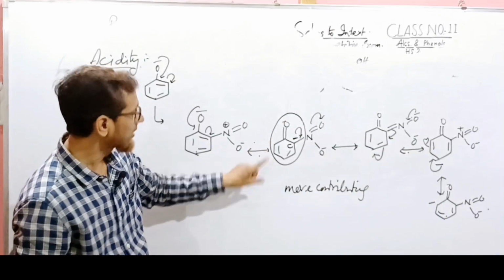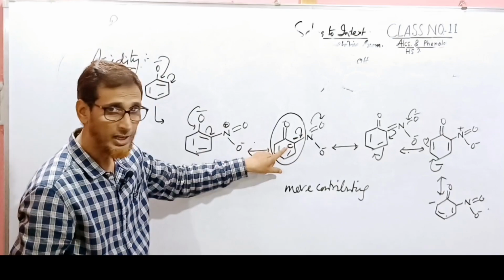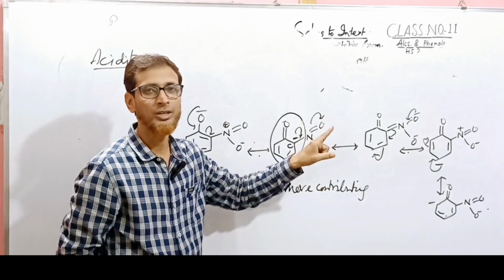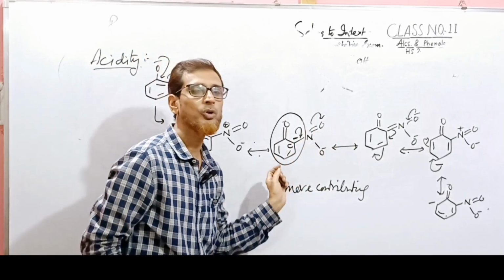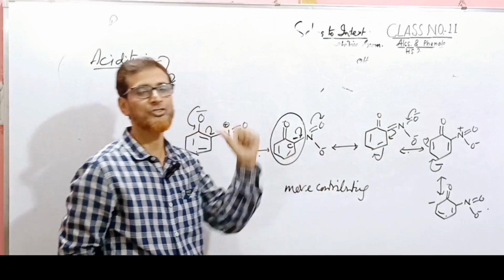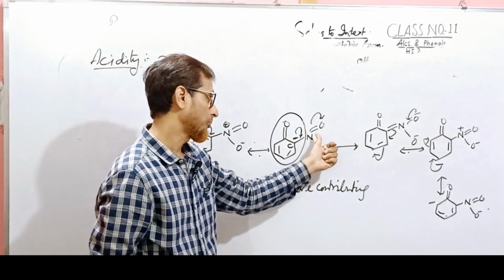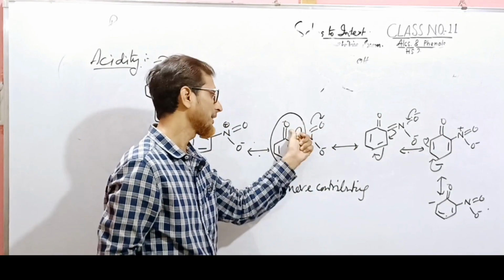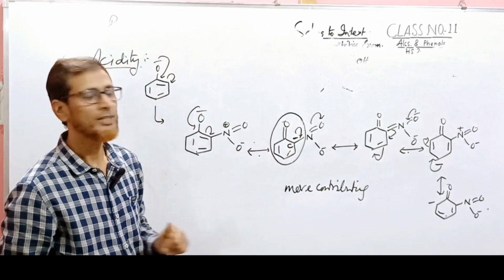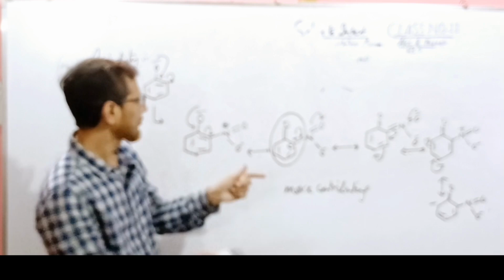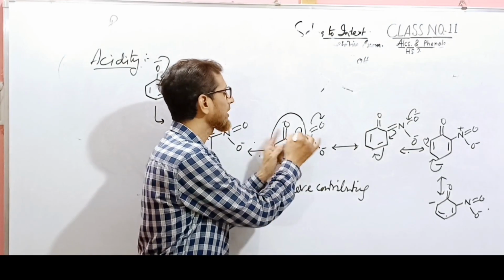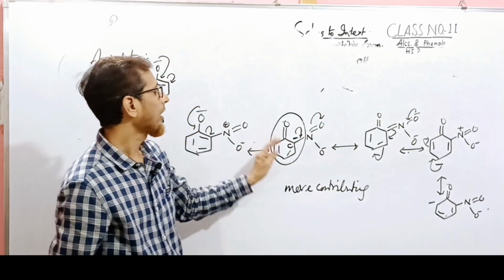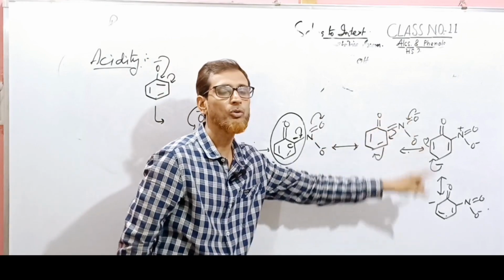So due to the presence of negative charge on the carbon along which the withdrawing group NO2 is attached, because its main aim is to pull out electron from this and destabilize the benzene ring, but due to that electron withdrawing group attached to the carbon, and on this carbon negative charge is delocalized, due to accumulation of negative charge on carbon, that charge is involved in resonance outside of the ring, and that gives more and more contributing structures.